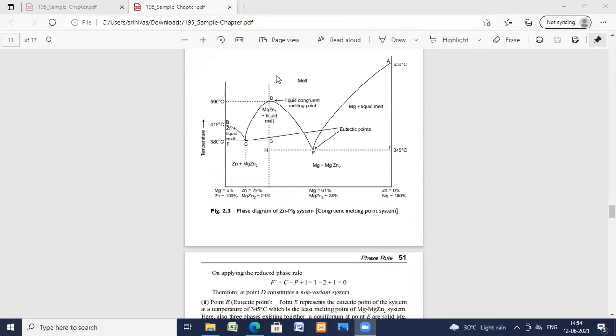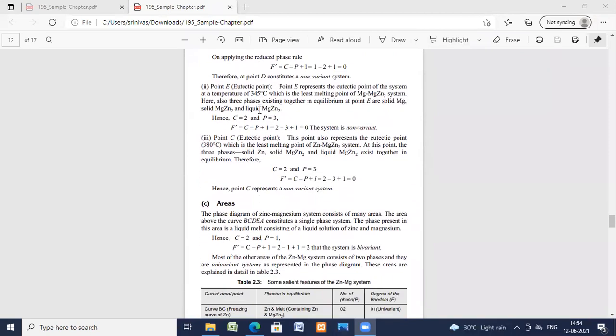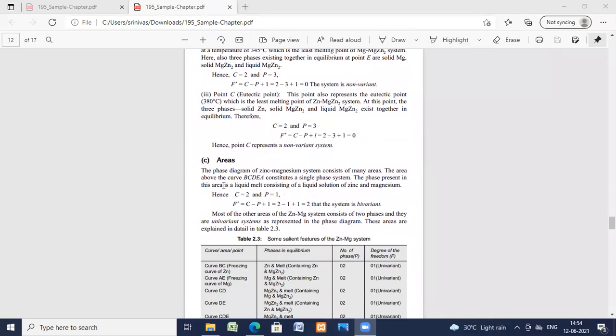On this area it is completely liquid melt. You have zinc and magnesium.